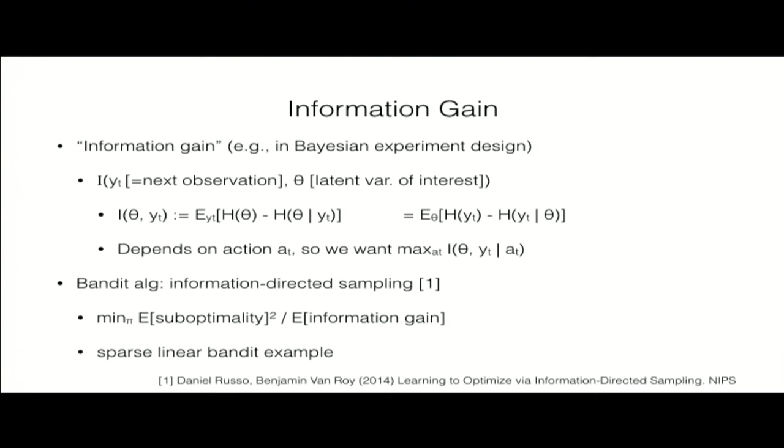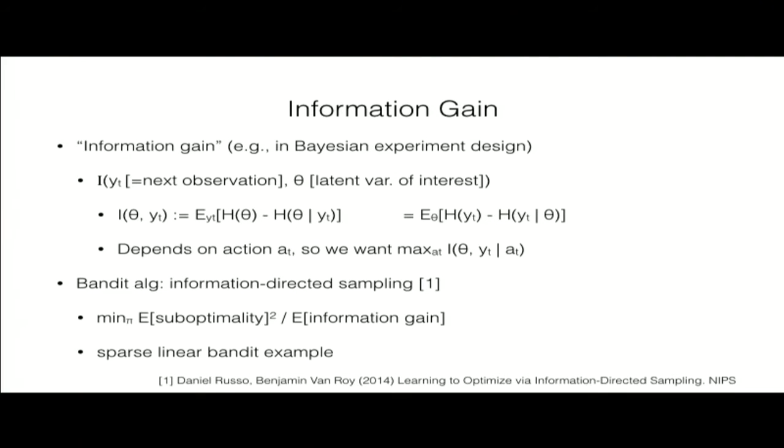So this is something that you can define without consideration of any kind of action. But what we're going to do is choose actions that lead to high mutual information. So we want to maximize over actions the mutual information given that we take that action. Okay, so there's a bandit algorithm that was proposed by Russo and Van Roy called information-directed sampling.